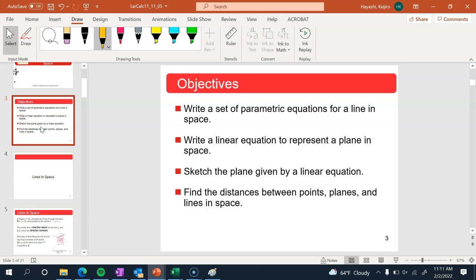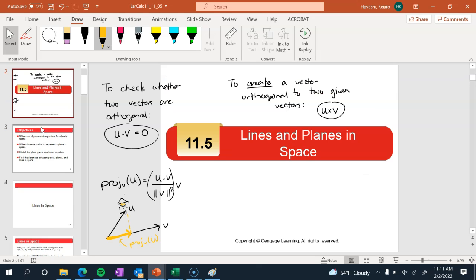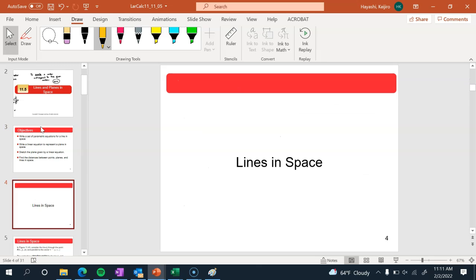We'll learn how to represent a line and a plane, how to draw a plane, and we'll use all of this to start relating lines, planes, and points in space together.